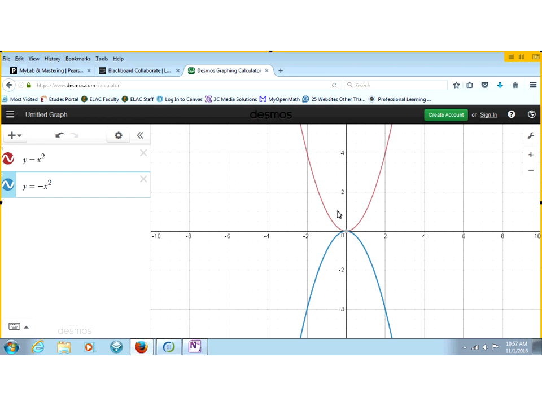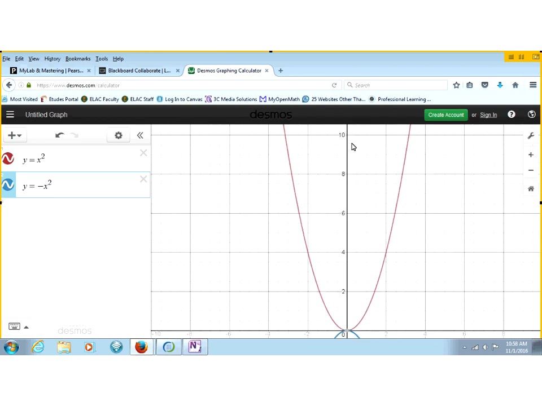Alright, so let's see. What do you see? Do they have the same shape? Yeah, only one. Okay, so you actually reflect this about the axis. This is a reflection about the axis. And what else do you see? Is this parabola symmetric?